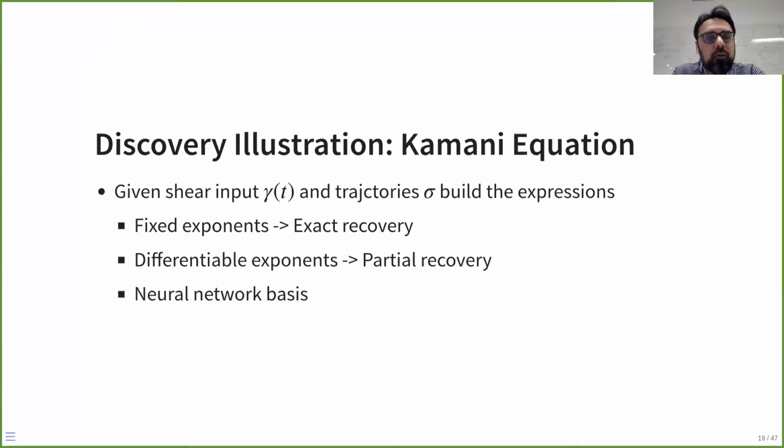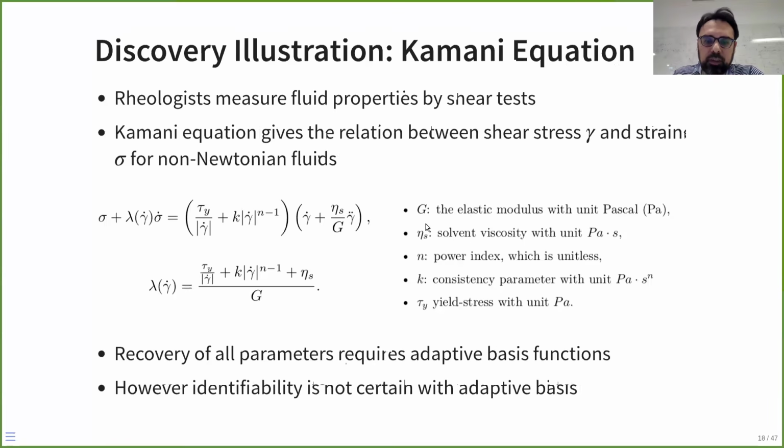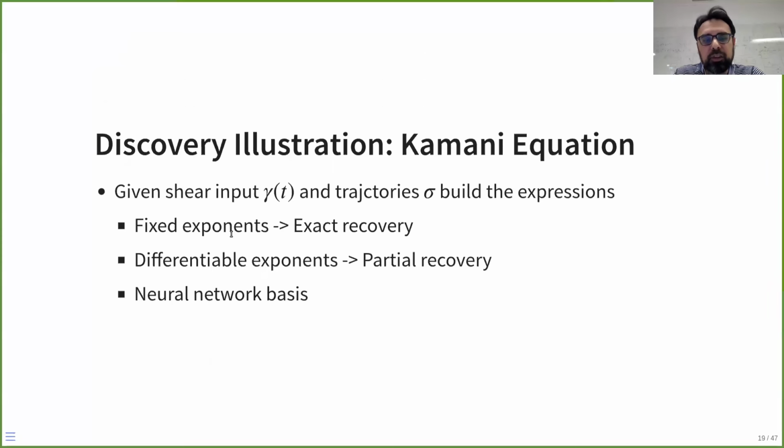I'll show some results for this case. We're given the shear input and the trajectories. We're given the data, so we will build the expressions, and then we'll solve the equation to find the parameters. We will do this with three models. One, we fix the exponents, which means that we don't have adaptive basis functions, and we assume that we have the correct exponents.